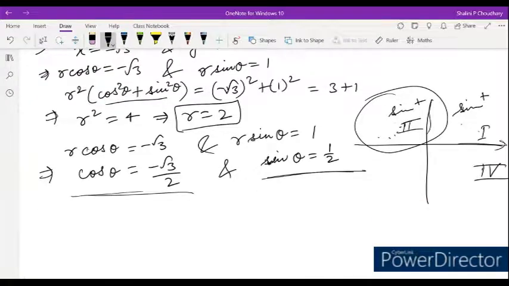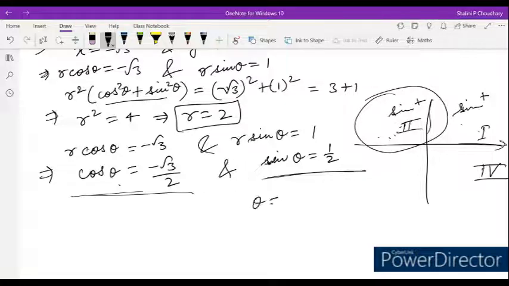Okay, then 1/2 का value क्या होता है, pi/6. So sin theta is equal to 1/2 can be equal to sin pi/6. So we can write pi/6 लिख सकते हैं हम, but we can't write this one because it is not in the first quadrant, this is in the second quadrant because cos theta is negative.